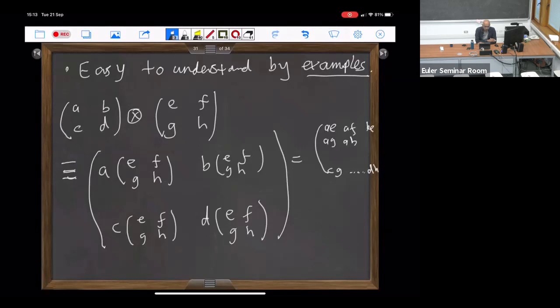So this is just a convention. When one's working with tensor products, one has to keep a consistent convention. So I'm choosing this particular convention. And it should be pretty clear that you can do this for any pair of matrices, even of different dimensions.